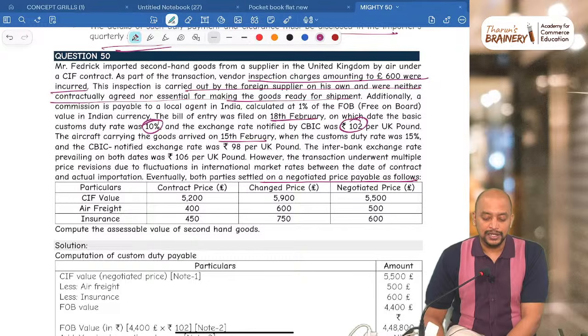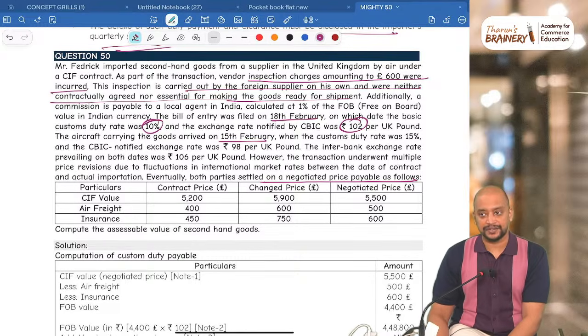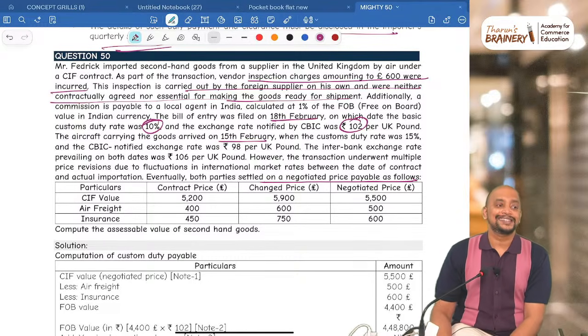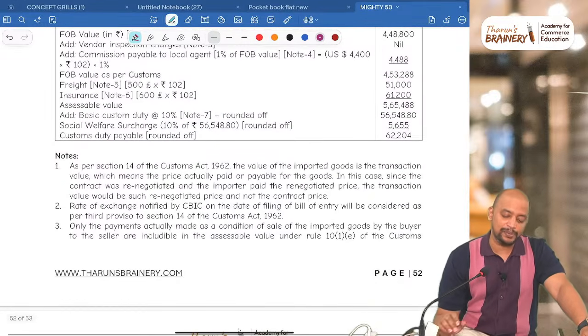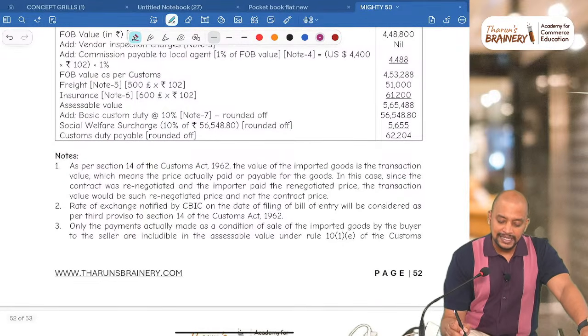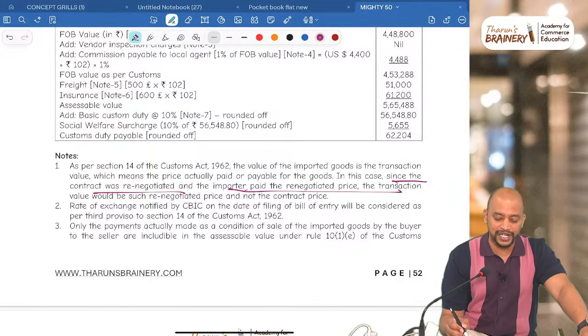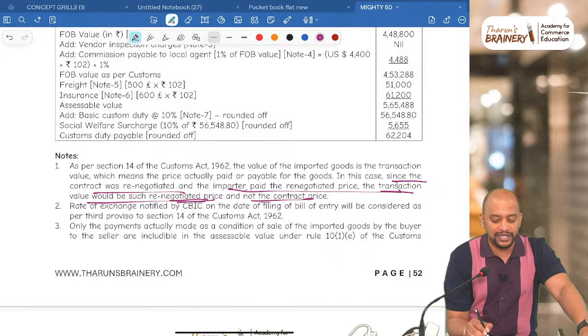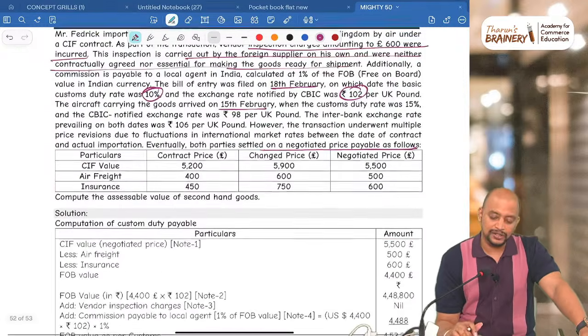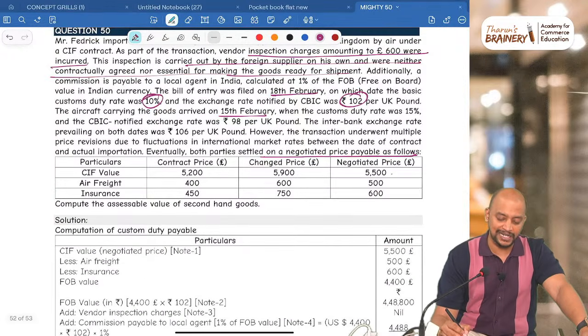Negotiated price. So the negotiated price is relevant. The transaction value will be the CIF price prevailing at the time and place of importation. In this case, since the contract was renegotiated and the importer paid the renegotiated price, the transaction value would be the renegotiated price and not the contracted price. So this 5,500 will be taken.